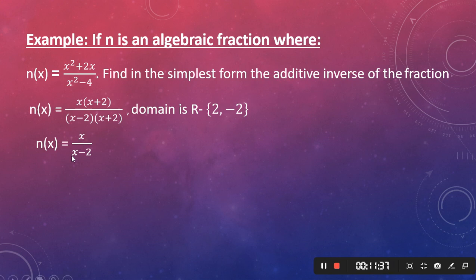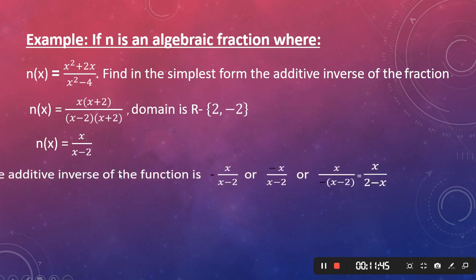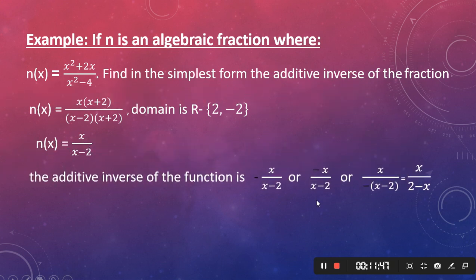Here x over x minus 2, I can consider this as one element and this will be positive. So the additive inverse may be negative x over x minus 2, or I can change the sign of x only, negative x over x minus 2, or I can change the sign of the denominator only, negative open bracket x minus 2.